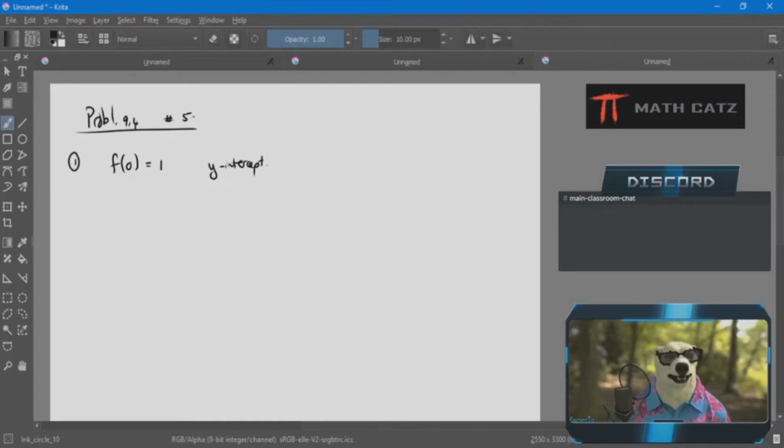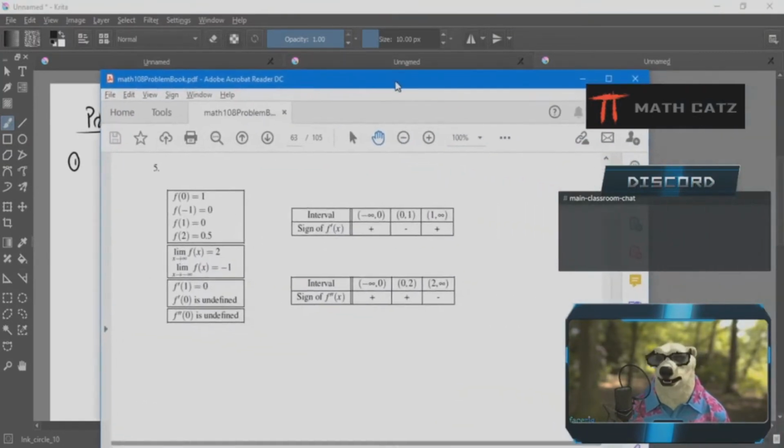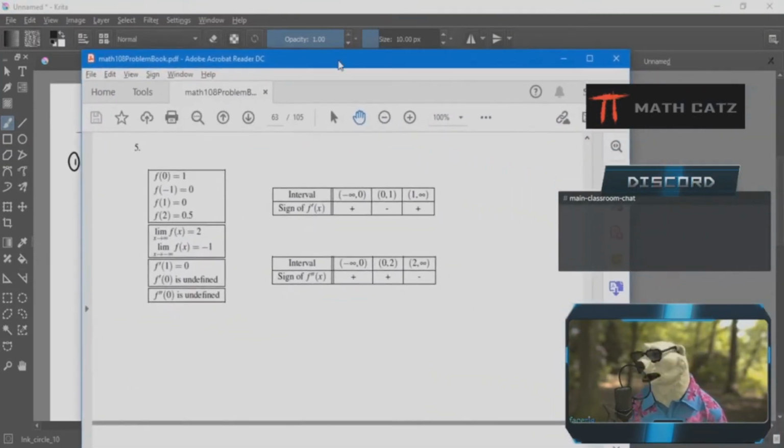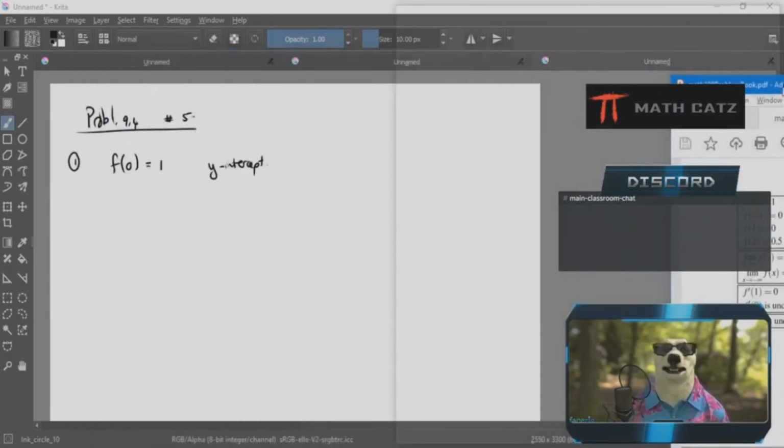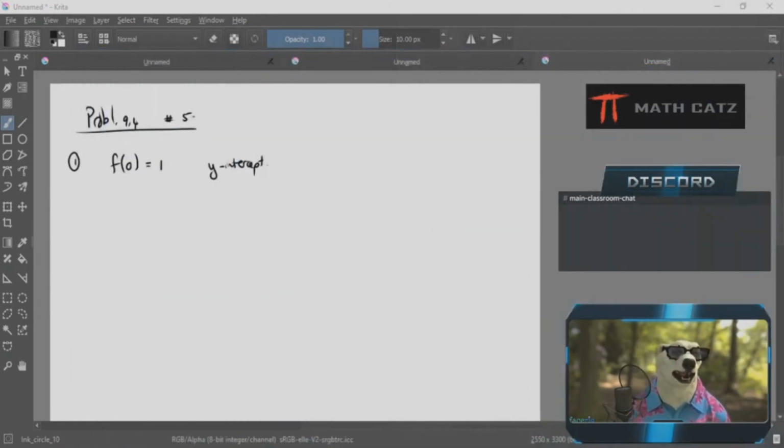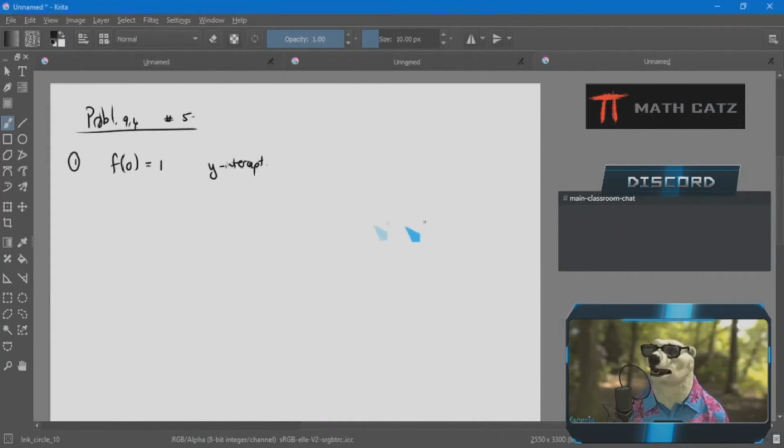Look at all these points. That's going to be annoying to graph perhaps, but we'll try and get through all those points. We just have to remember there are points I need to hit. I'm not going to copy them all right now.